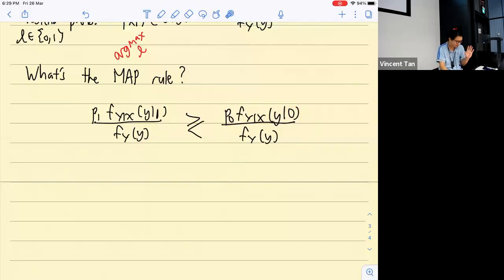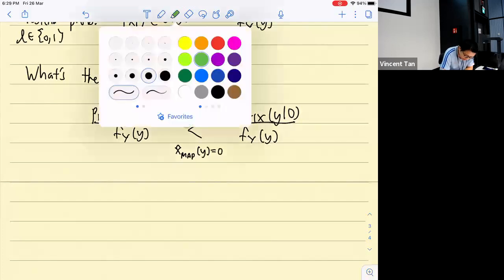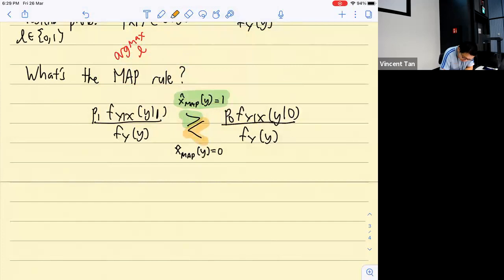Don't ask me what happens at equality; say it never happens. Then x hat MAP you will declare equal to 1. When I put the x MAP above like this, I really mean that it goes with this symbol here. On the other hand, if the symbol below is in effect, then x hat MAP of y we take to be equal to 0.